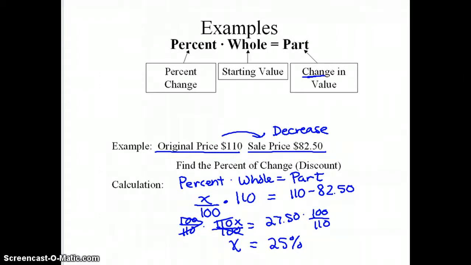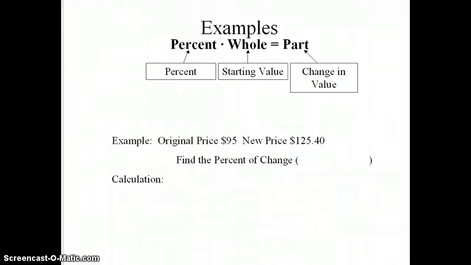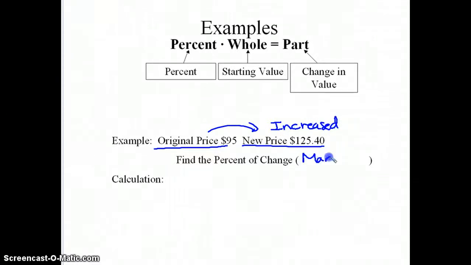Moving on to my next example. I have my original price of $95. I have a new price of $125.40. We need to find the percent of change, but this time the price increased. Since it increased, this is considered a markup. All right, my calculation once again.